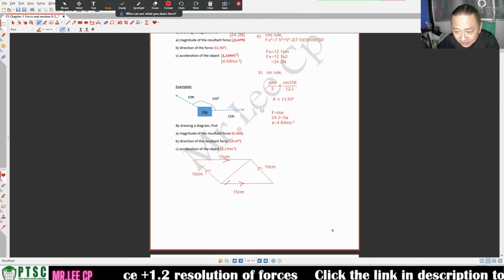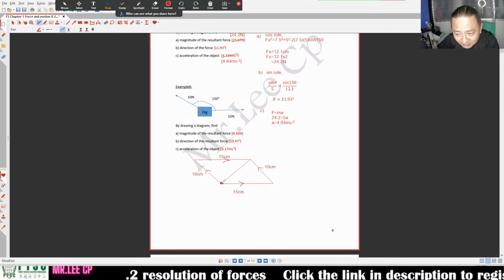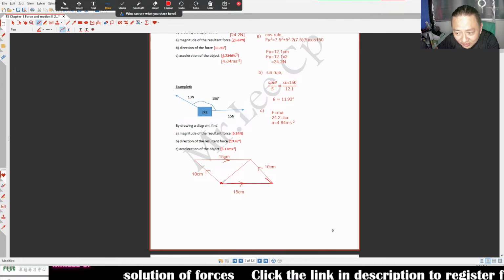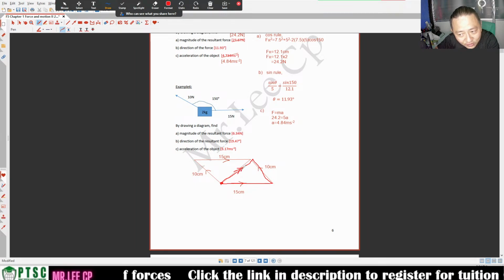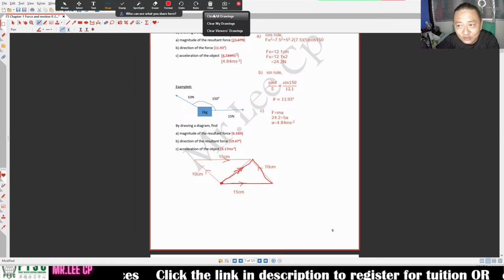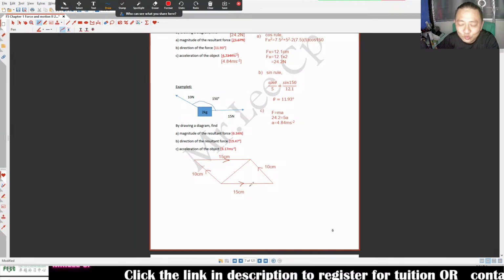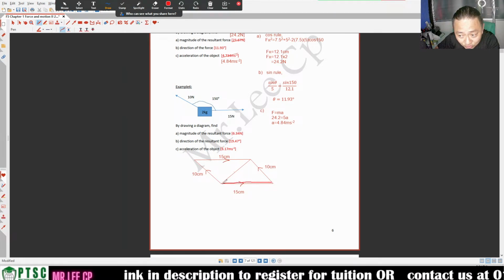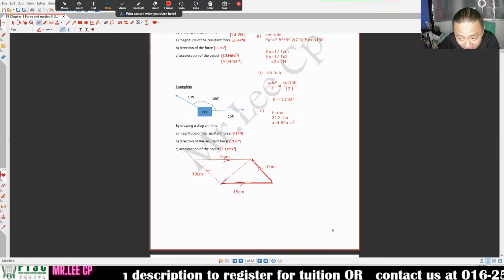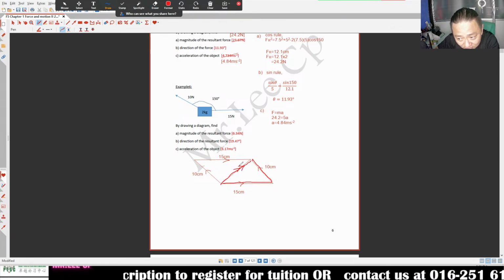Or you can say, you start from here, you walk to here, and then you go from here to here. You are going into this way. Also can. But you break into 2 directions, you cannot lah. Use triangle boleh. You go to here, and then you come to here, and this is your direction of your resultant force.